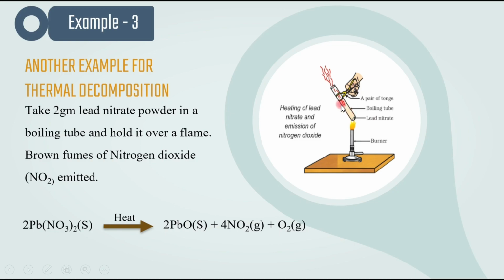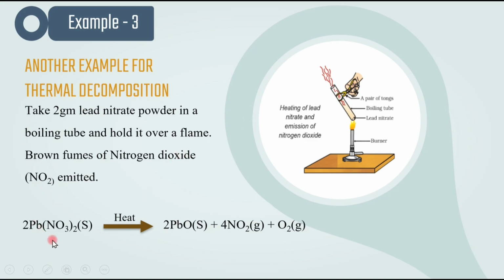When heated, lead nitrate gives rise to nitrogen dioxide. When lead nitrate powder is heated in a test tube, it gives nitrogen dioxide.